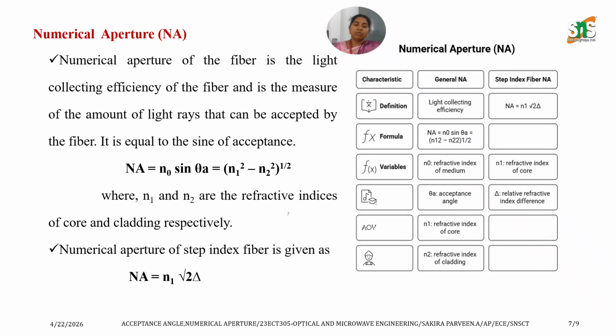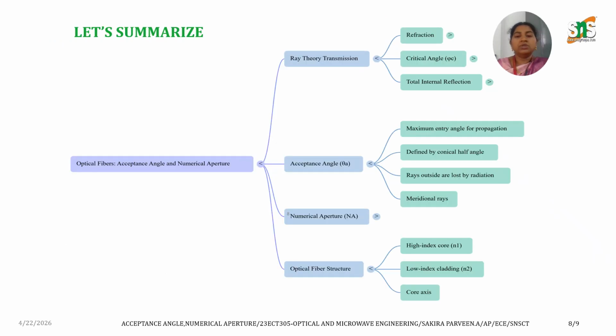If the values of n1 and n2 are given, you use the first formula, or if the refractive index difference del is given, then you calculate NA as n1 root of 2 del. Here n0 sine phi 0 is also NA, so acceptance angle theta a is sine inverse of NA. If theta a is asked and NA is given, then you use that formula: theta a is sine inverse of the numerical aperture. This is the summary.